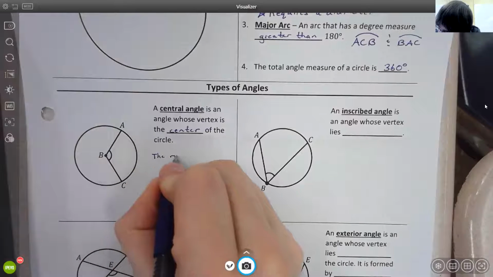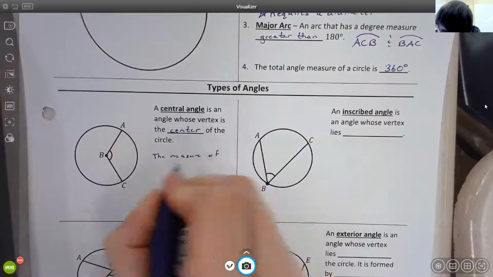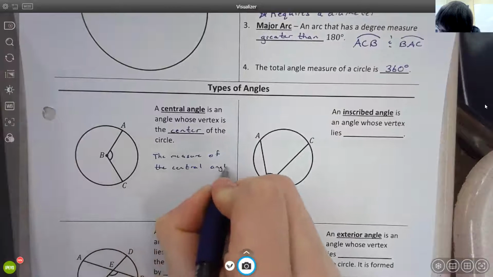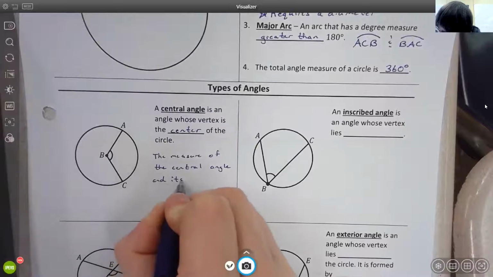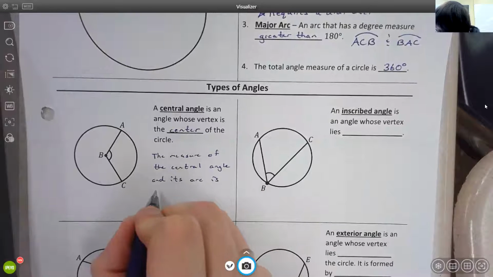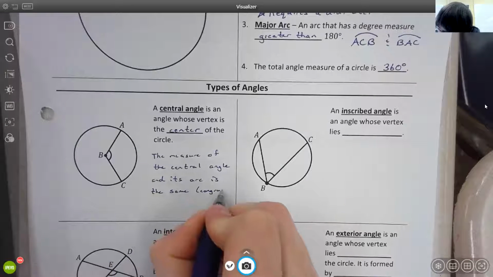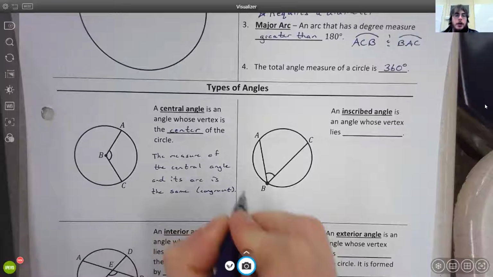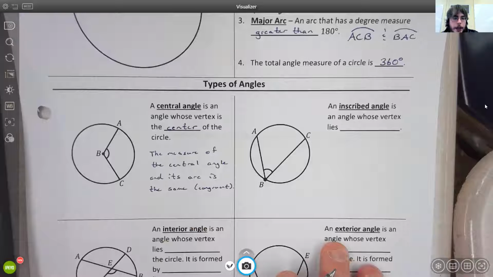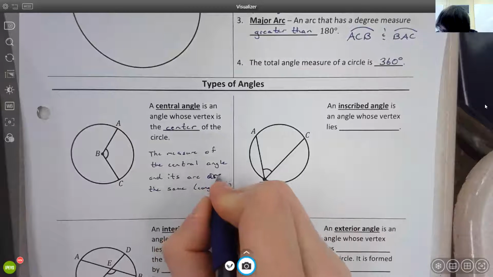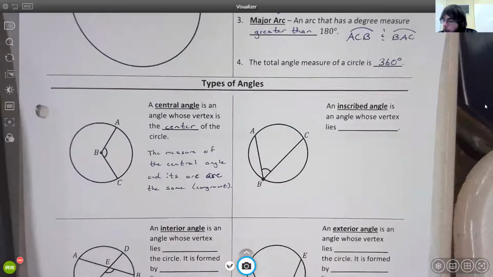Now, the important thing to know about a central angle and the relationship that it has with its arc is that the measure of the central angle and its arc are the same. So they are congruent. Okay.